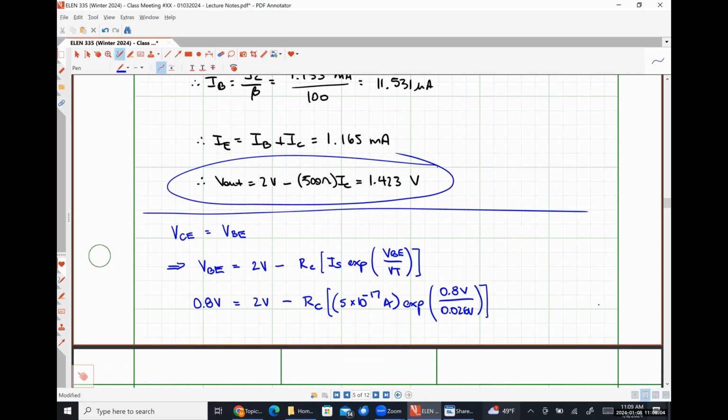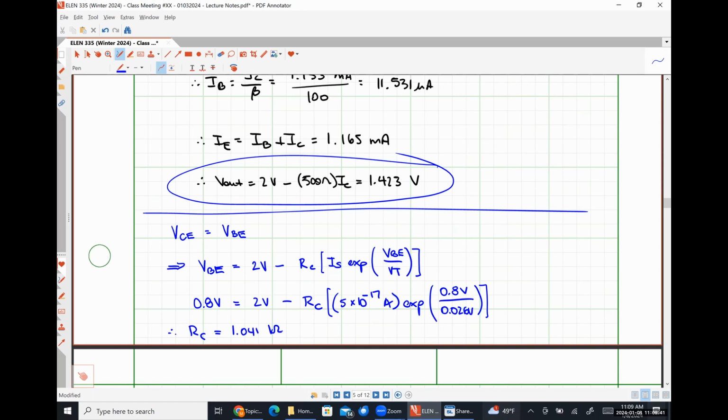The only unknown quantity is RC. Solving for RC, we would find that a value of 1.041 kiloohms is sufficient to place this circuit at the edge of saturation, meaning any resistor greater than 1.041 kiloohms is driving our circuit further into saturation mode of operation.